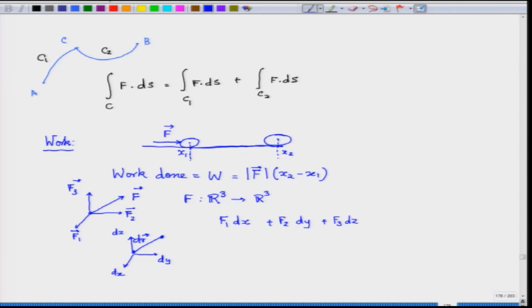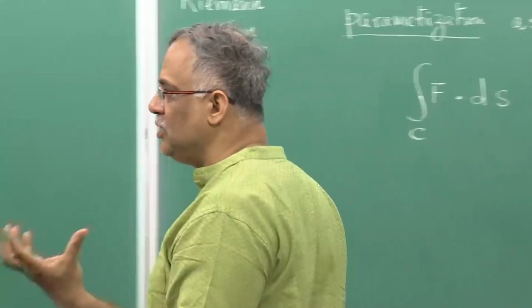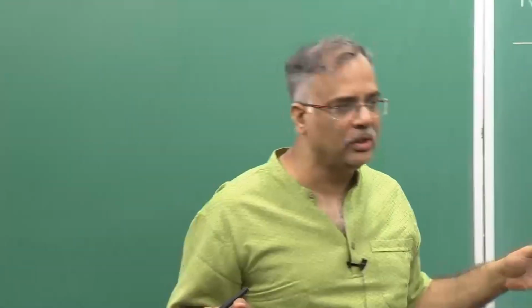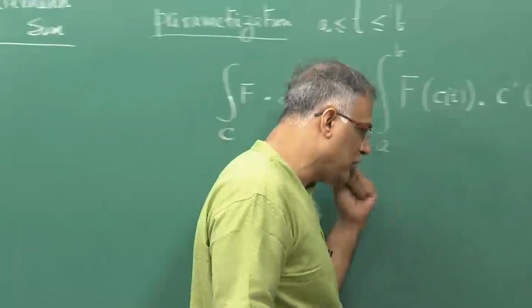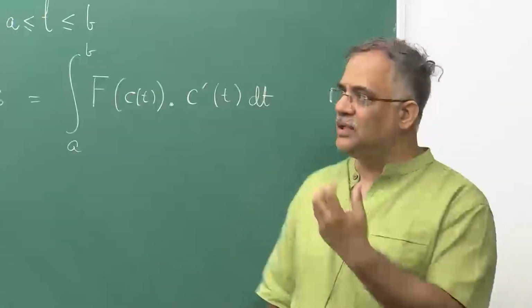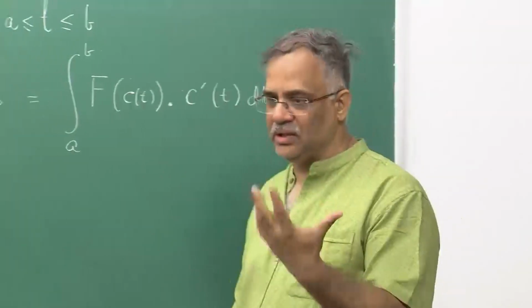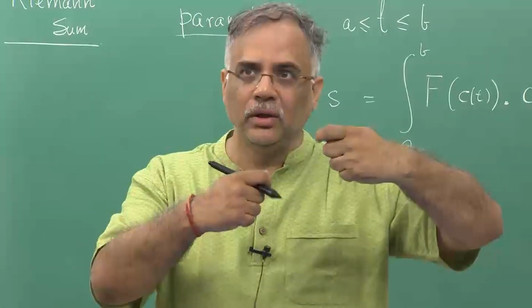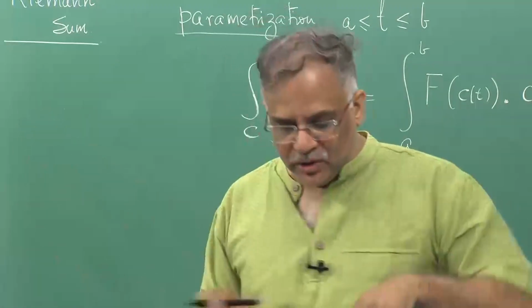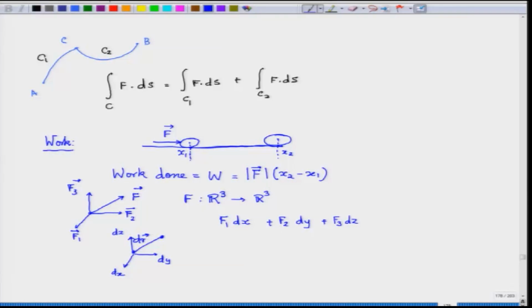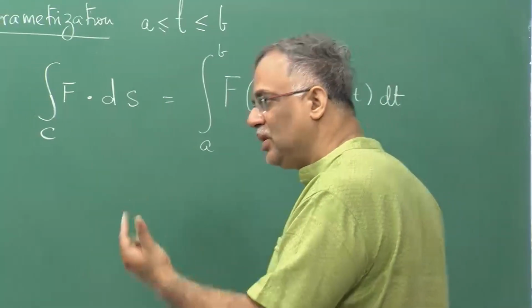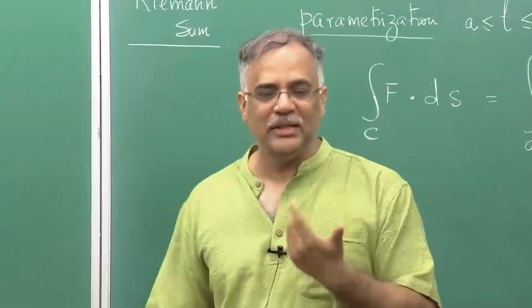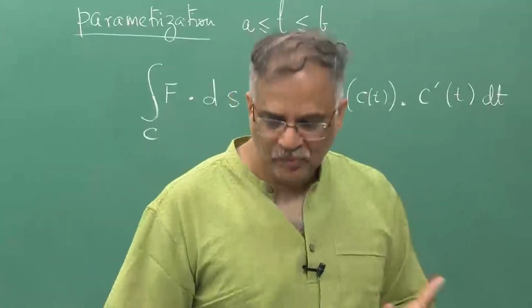Work is a scalar, so you have to give the magnitude of the work; you do not talk about the direction of work, it is how much work you have done. Energy is the capacity of doing work in some sense, because when you do work you expend some energy. So F1 dx is the work along the x direction, F2 dy is the magnitude of the work along the y direction, F3 dz is the magnitude of the work along the z direction.